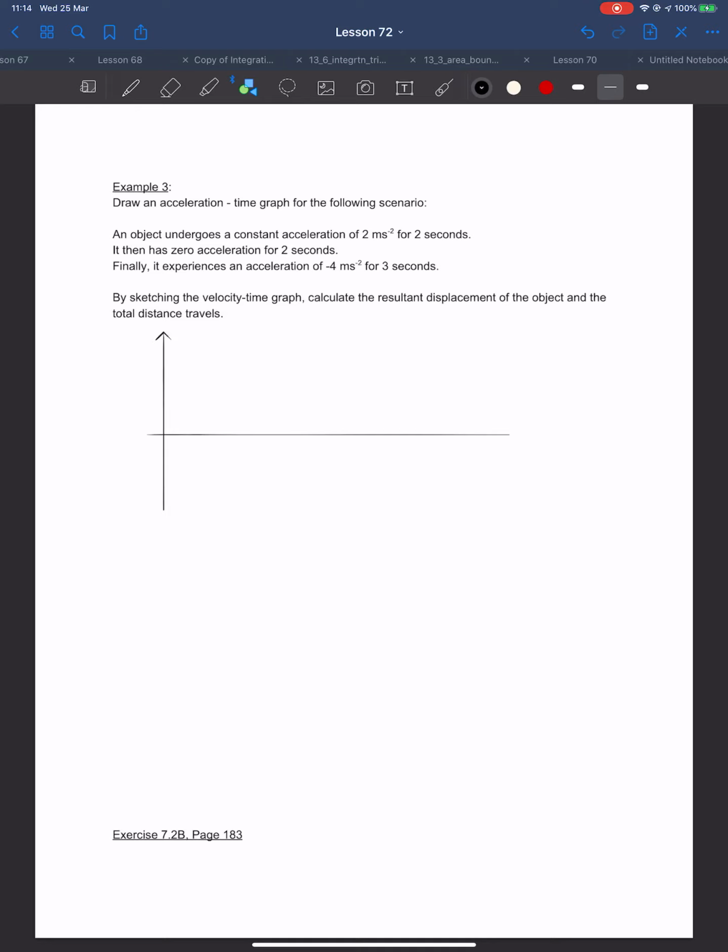Then it has 0 acceleration for another 2 seconds, and it experiences an acceleration of -4 for 3 seconds.